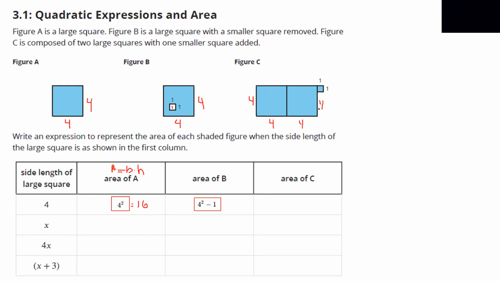And the area of this piece would also be 4 squared. And what am I doing to this little small square? We are adding it to this figure. So the area of figure C would be 4 squared times 2, because there are 2 of these figures, plus the area of this small square, which is 1.